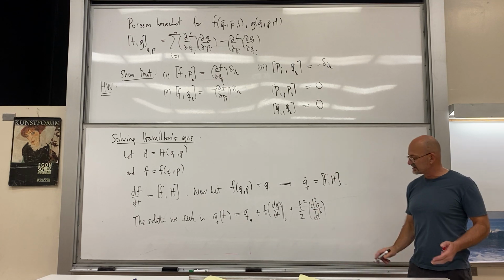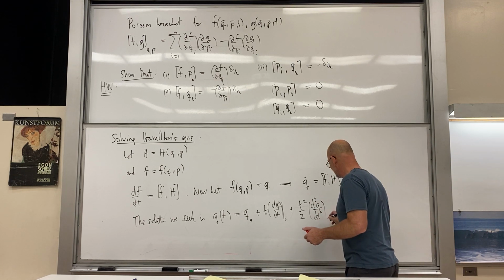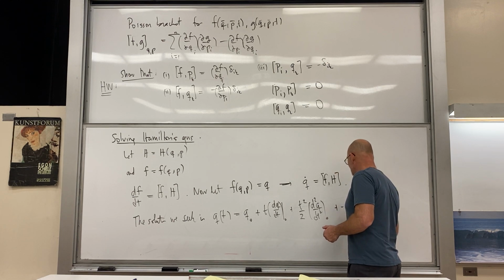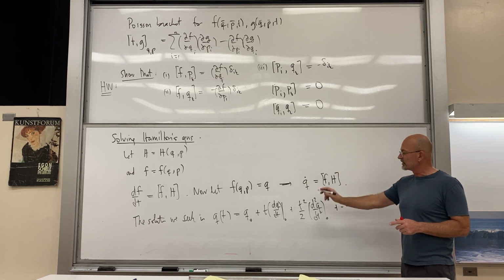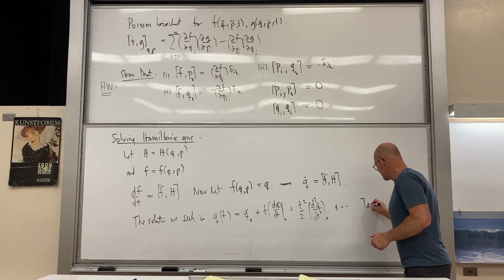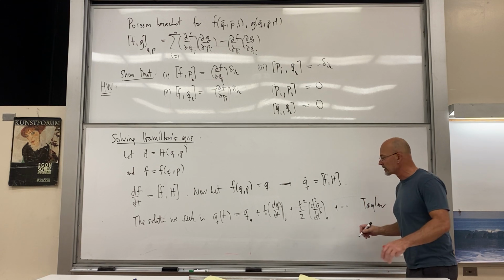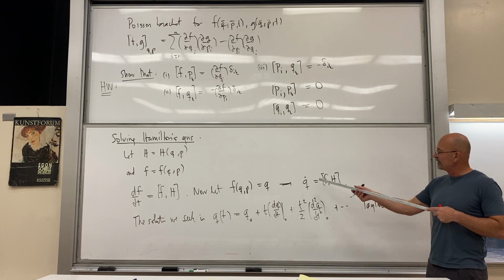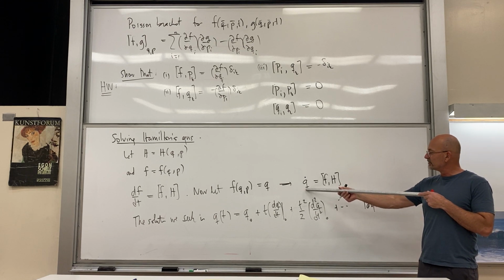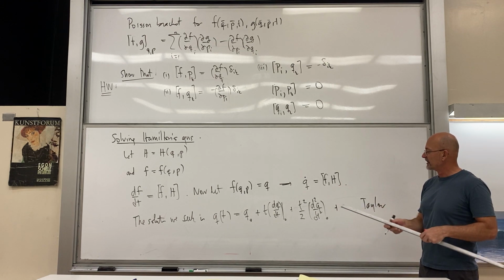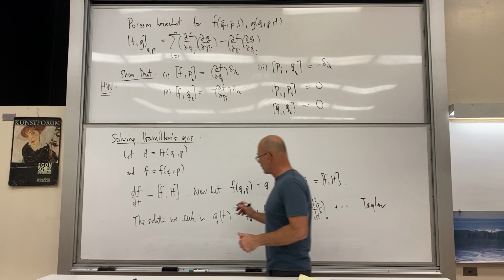I'm just writing the Taylor series out, right? Higher derivatives as well. So we're just looking for a Taylor expansion. And what we're going to do is just keep taking time derivatives of this object right here.